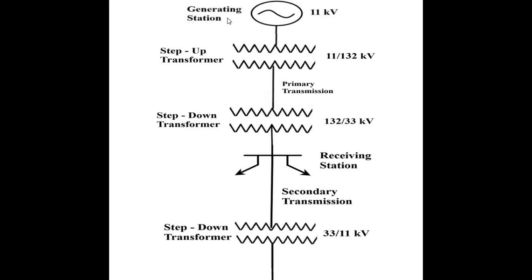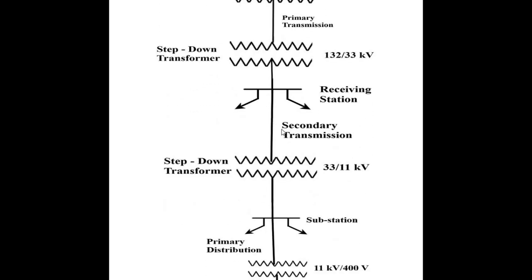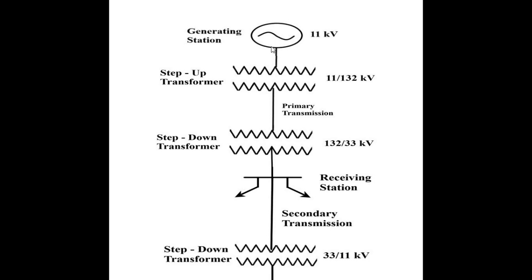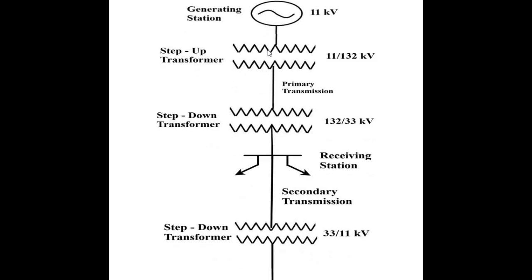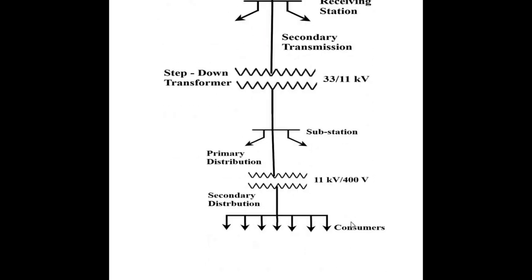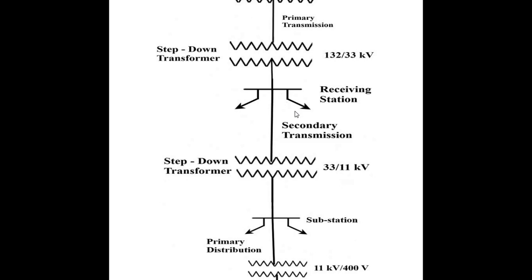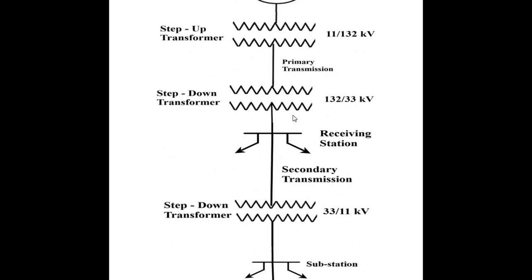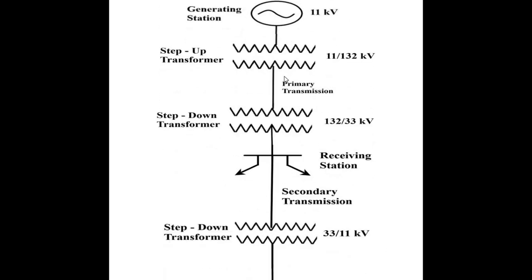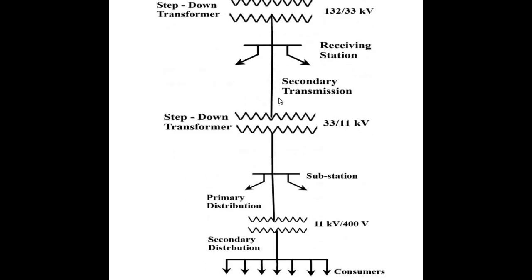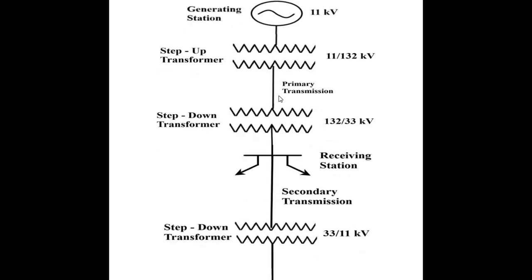From the generating station up to the end, to the consumers, just draw the single line diagram. These kinds of diagrams are used to represent the various elements in the power systems. So just draw it, and then watch the video.